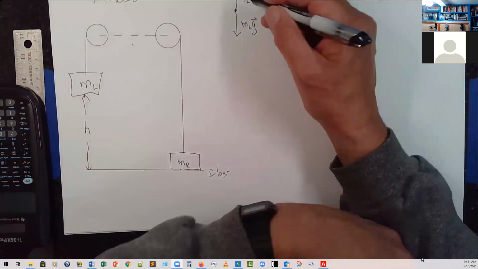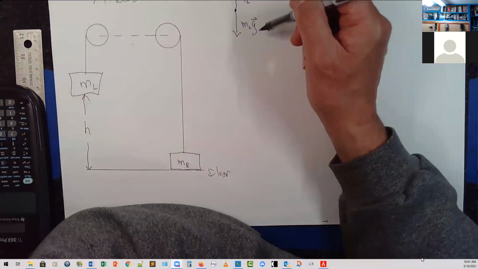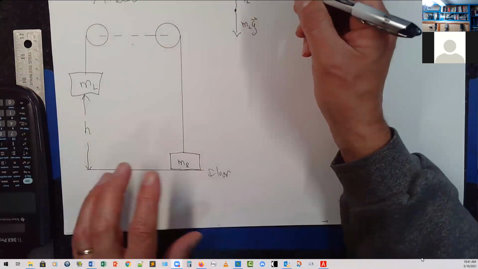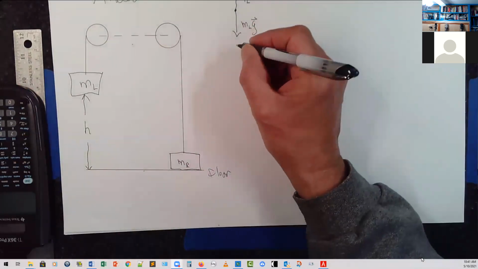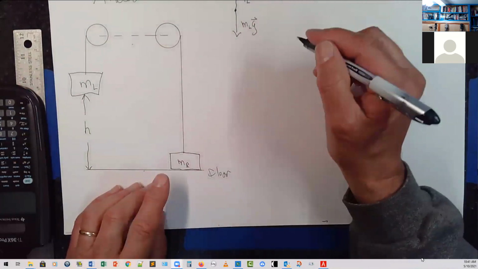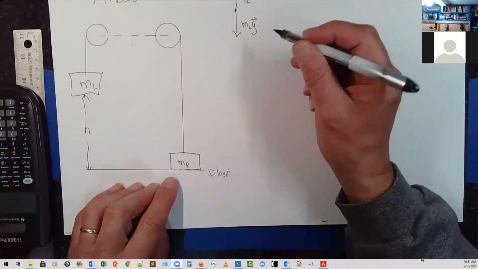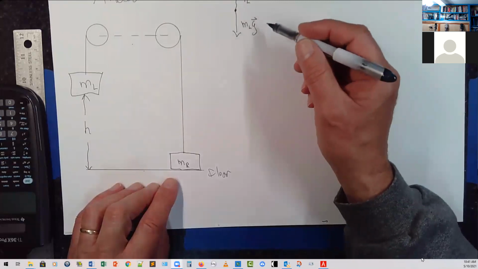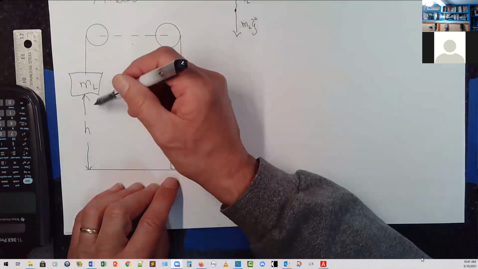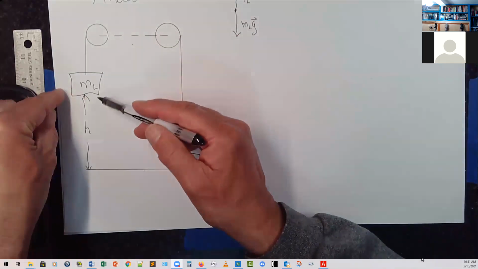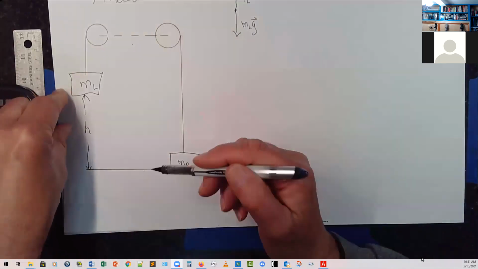Now, I've got them written with arrows on top indicating that they're vectors, but in this case I can just say, let's let positive be downward. This is a little bit weird, but the reason I'm going to let positive be downward is because when I move my hand from under here, that's the direction it's going to accelerate.